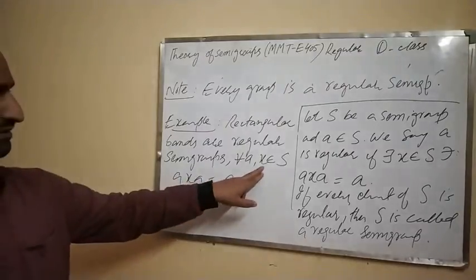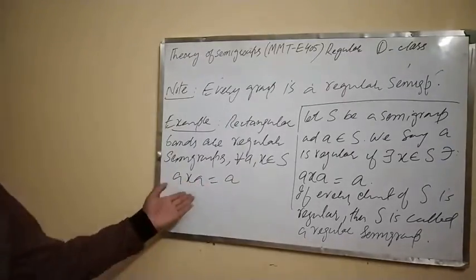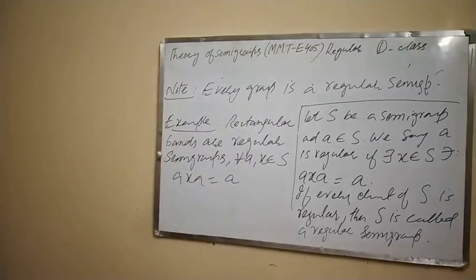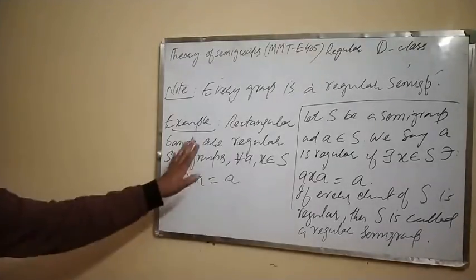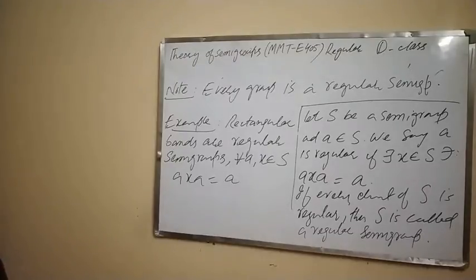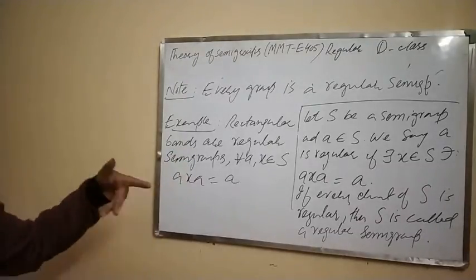For every A there is X; in fact, it's true for every such X. So this is an example of a regular semigroup which is not a group.